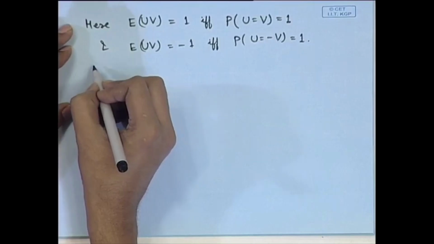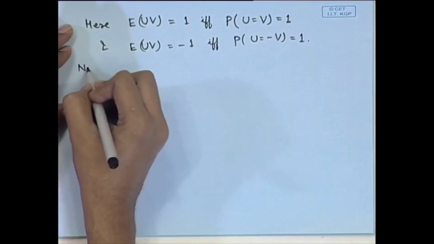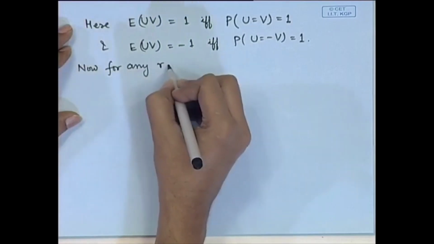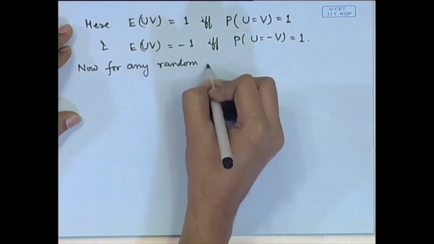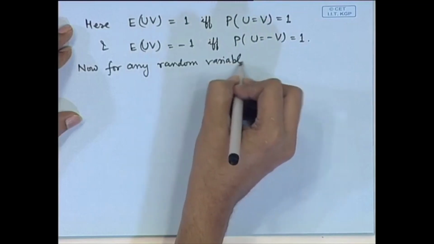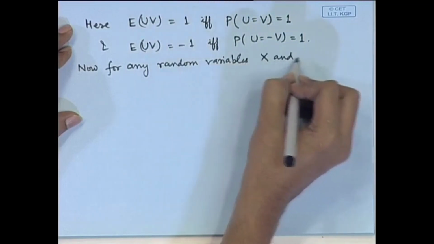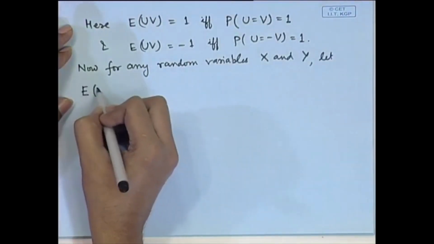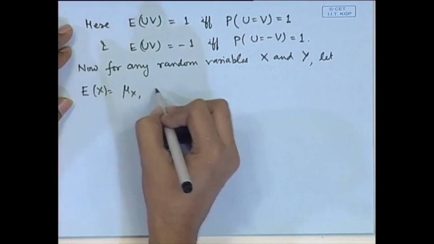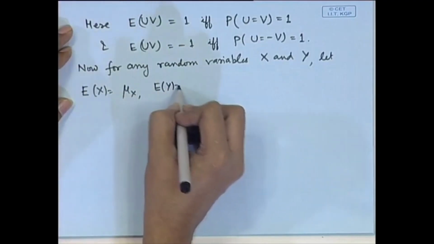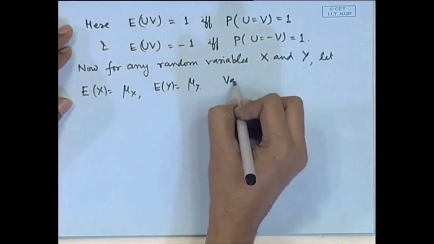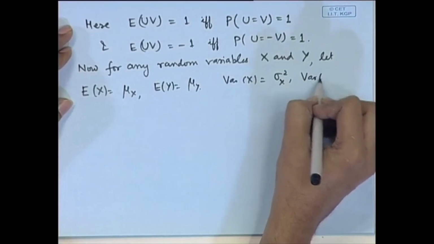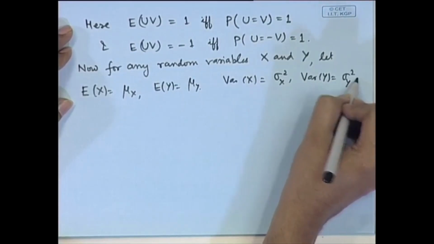So, now let us take any random variables X and Y. Let us use the notation that expectation of X is equal to mu X, expectation of Y is equal to mu Y, variance of X is equal to, say, sigma X square and variance of Y is equal to sigma Y square.